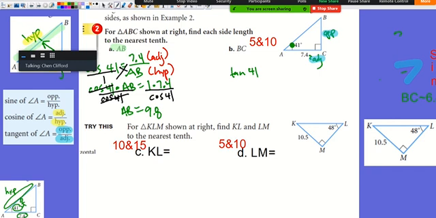Tangent of 41 is equal to BC over 7.4. BC is opposite, 7.4 is adjacent, and we're going to cross multiply here.